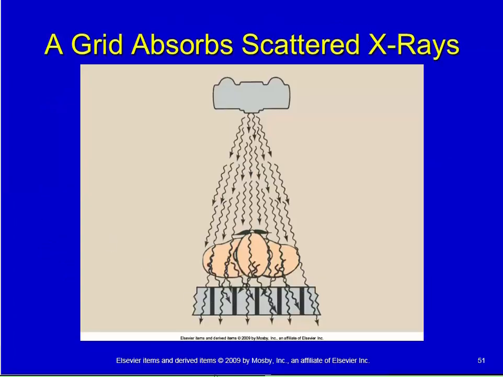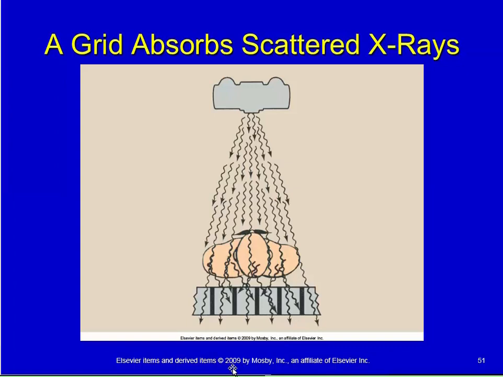So going back to this, even if we were to cut this grid in half so that this photon would make it through, if we decrease the distance in between the grid strips, then again we would filter out this X-ray photon or this X-ray photon.